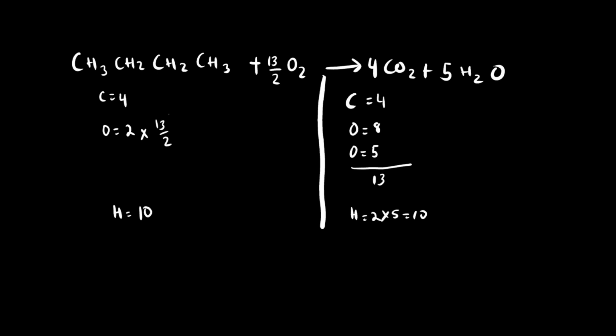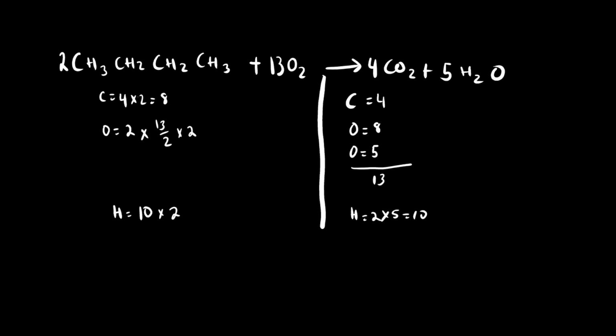So what we have to do is we need to get rid of this fractional coefficient by multiplying this whole left hand side of the equation by 2. So now we have 2 in front of the butane and 13 in front of the oxygen.